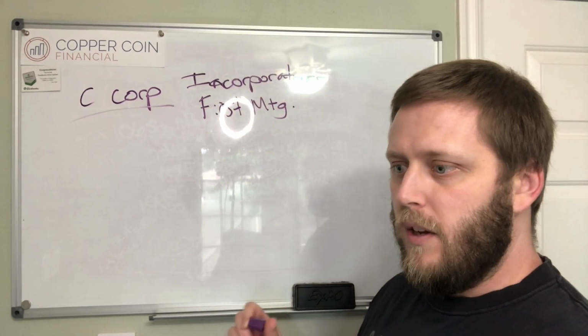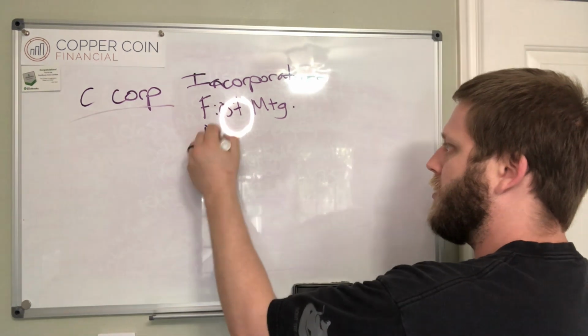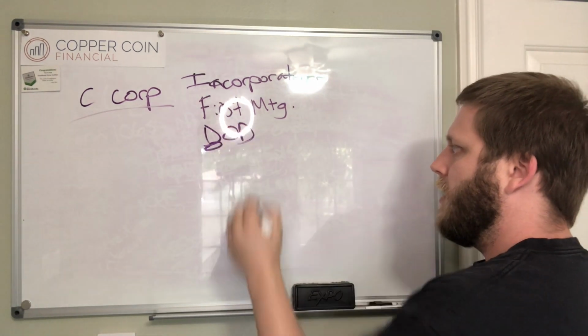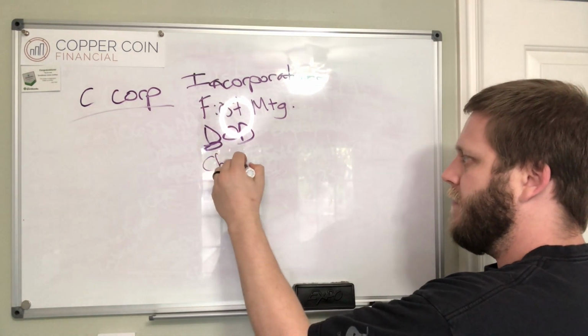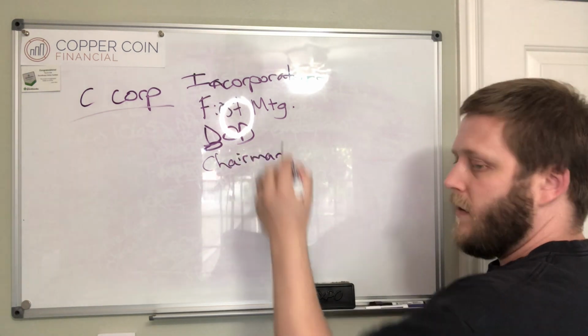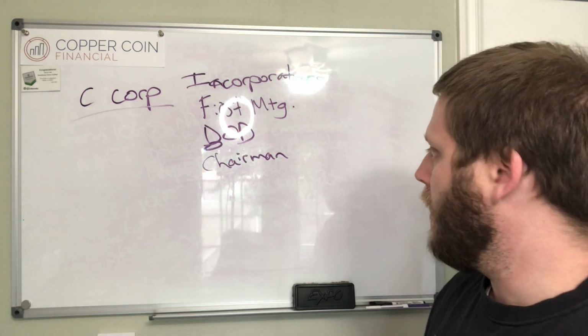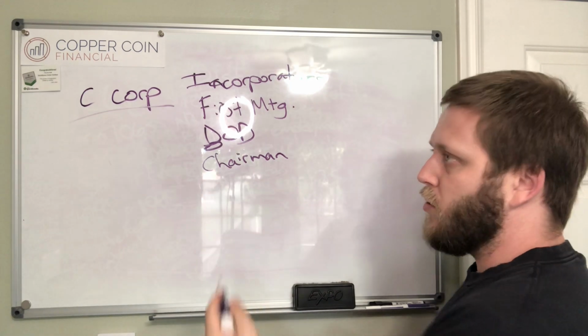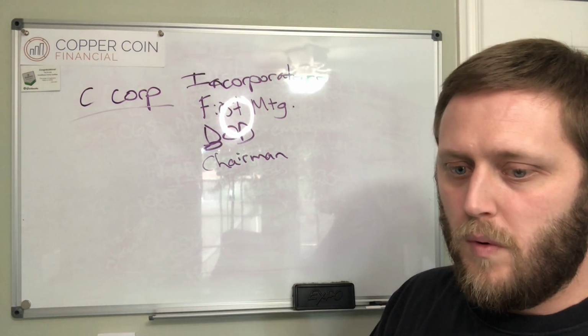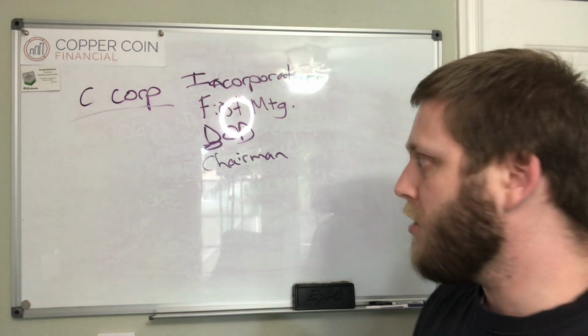In that first meeting, you're going to elect your board of directors. And from there, you're going to elect a chairman. The chairman will then direct the secretary. You're going to elect your officers after that.